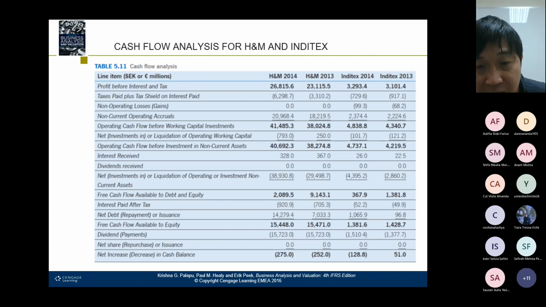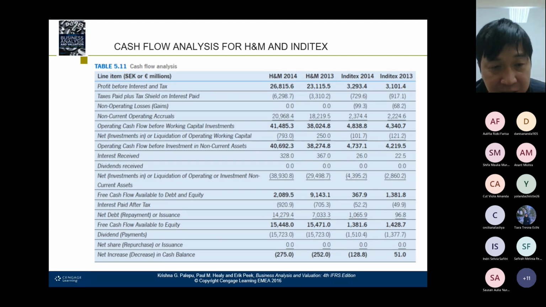So here 2089.5. So after tax, interest paid 920, net debt issuance 14,279. Free cash flow available to equity. So you have the 1544.8.